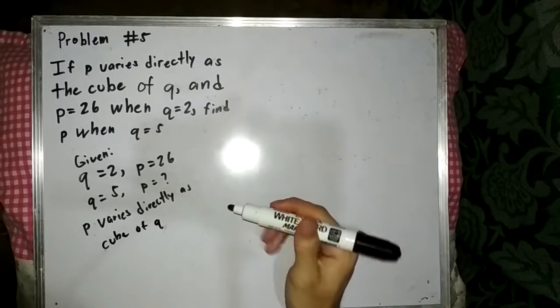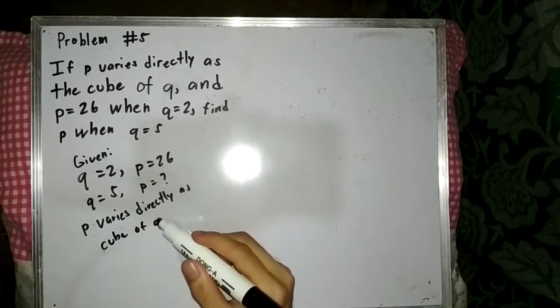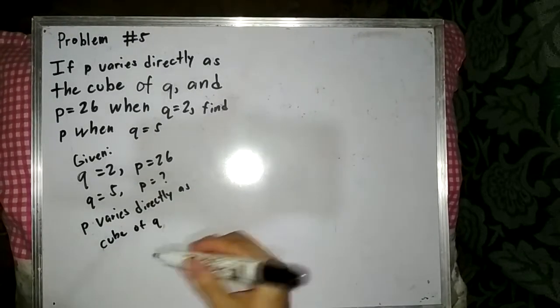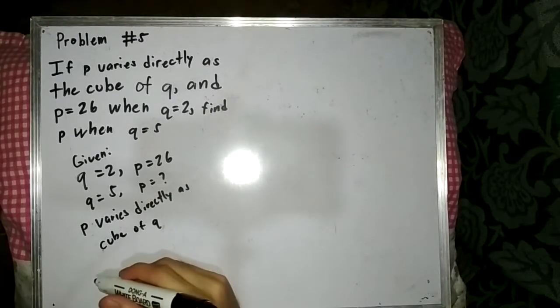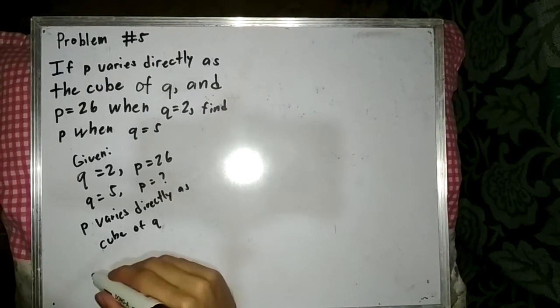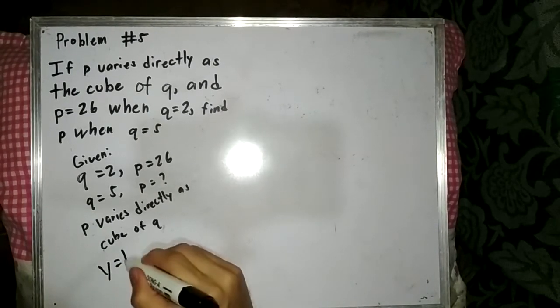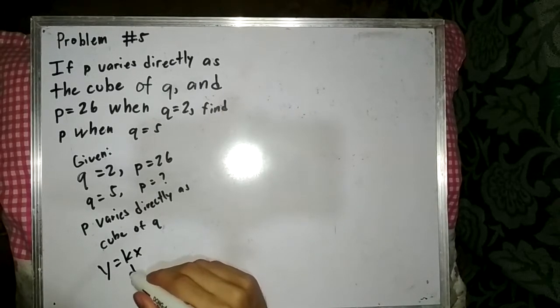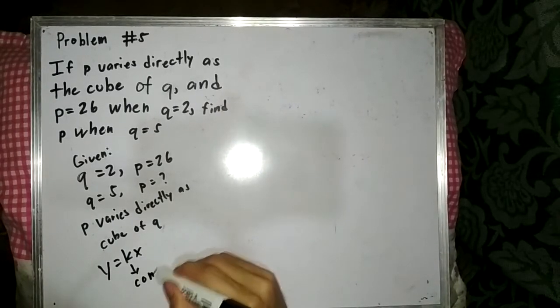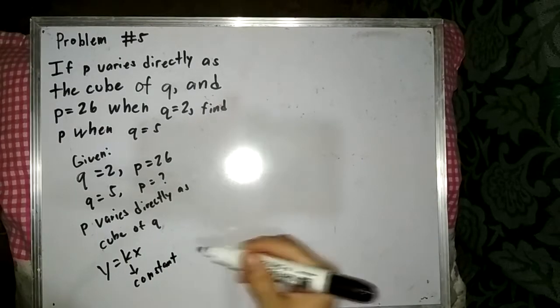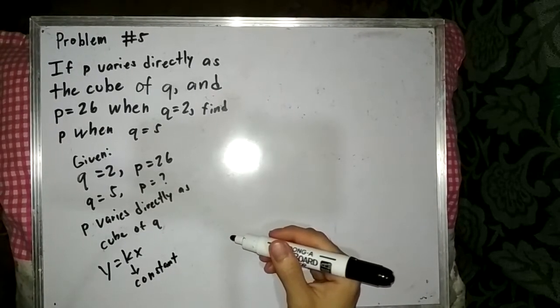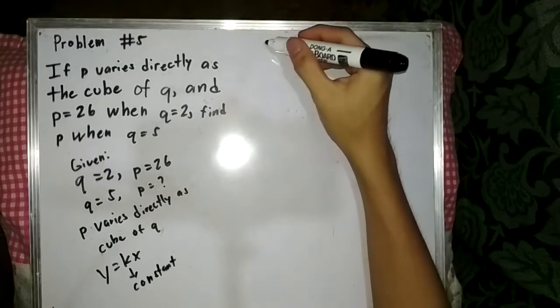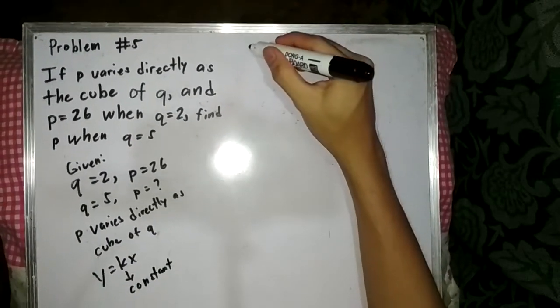This implies that the problem is a direct variation, where direct variation has the formula y is equal to kx, where k is a constant. So what we are going to do is solve for the constant. So what is step 1?